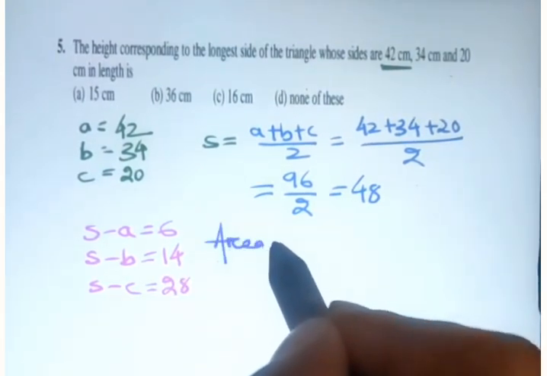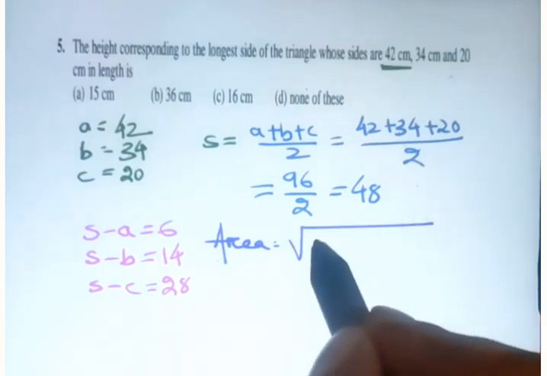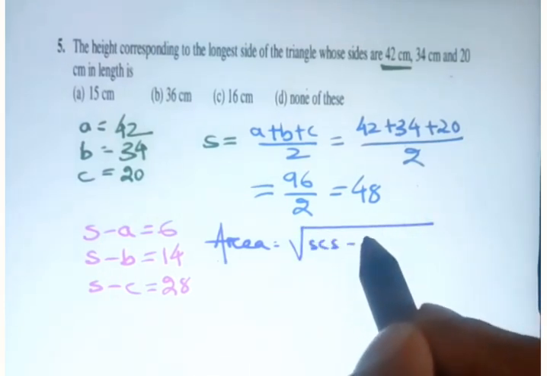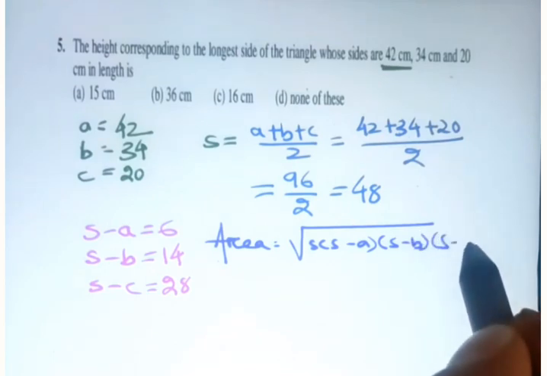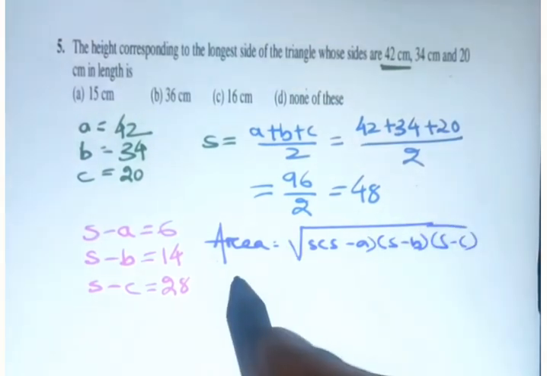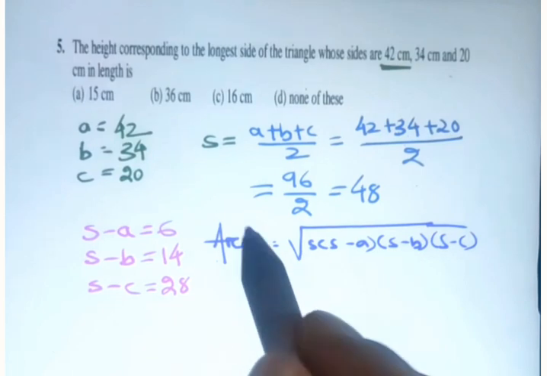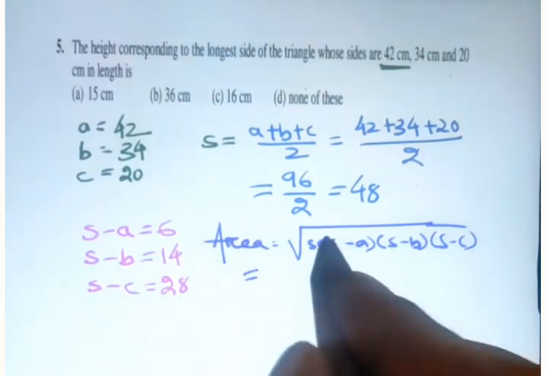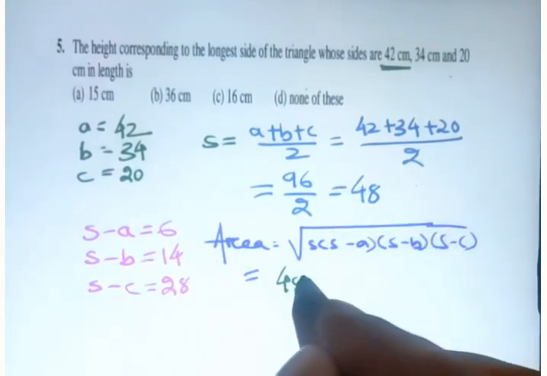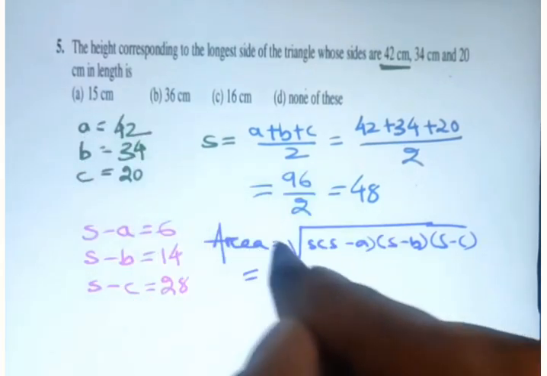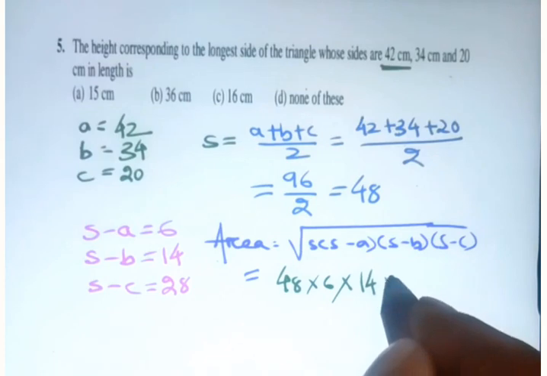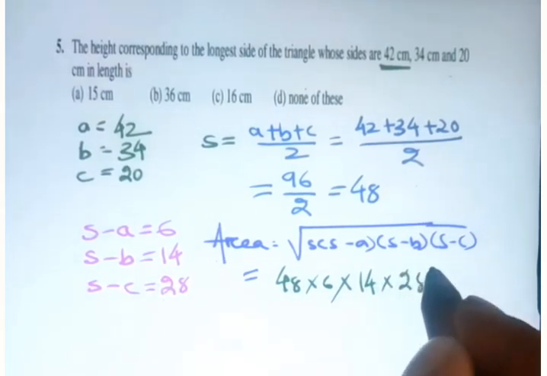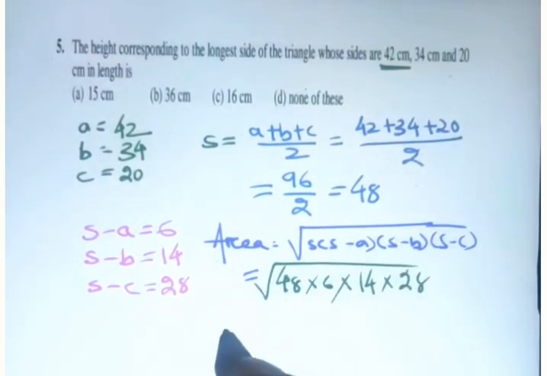Now the area formula is the square root of S into S minus A into S minus B into S minus C. So let's put the values. S is 48, S minus A is 6, S minus B is 14, S minus C is 28.